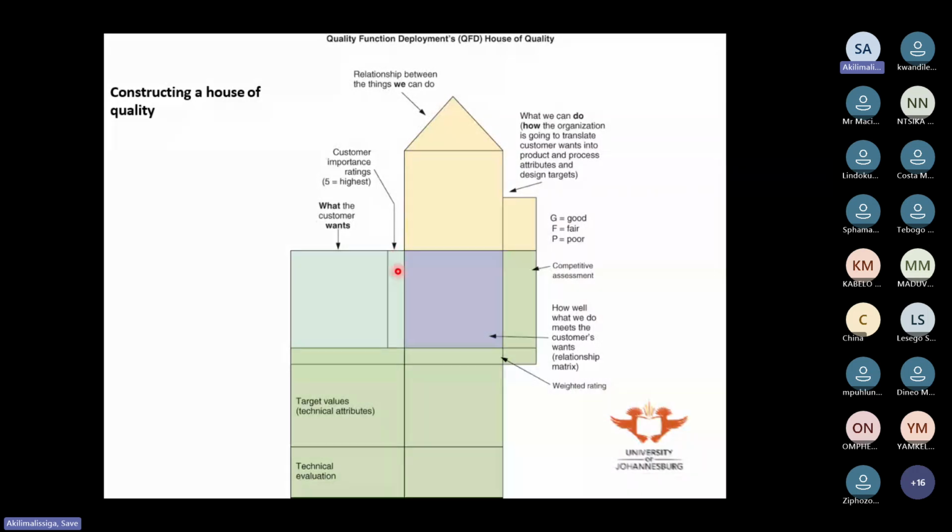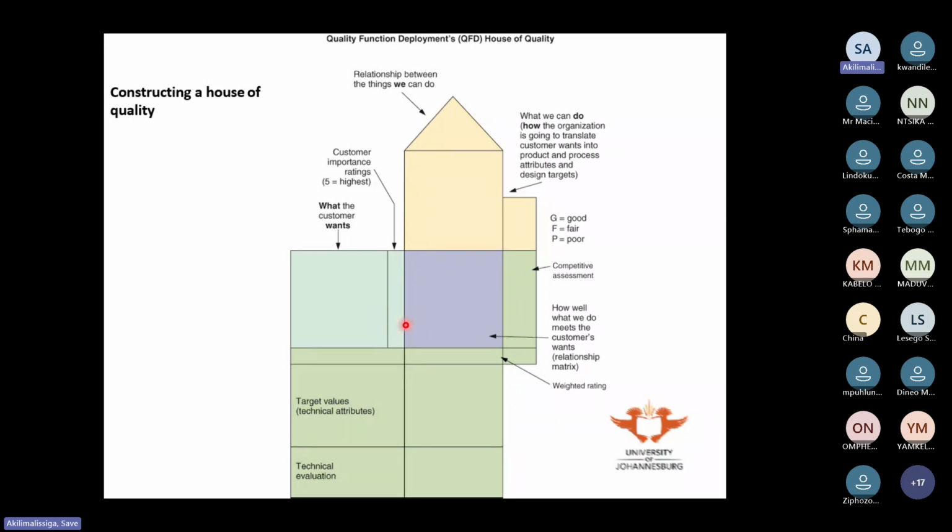So it could be from the customer's perspective to rate their wants, or you as a business should do so that you clearly can see what's really going on. So these are what you call the ratings, right? So the highest number means that is the most important customer want. So that will be in this column here.